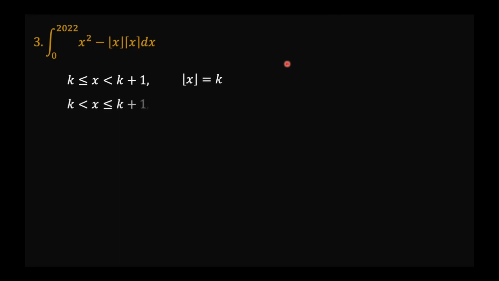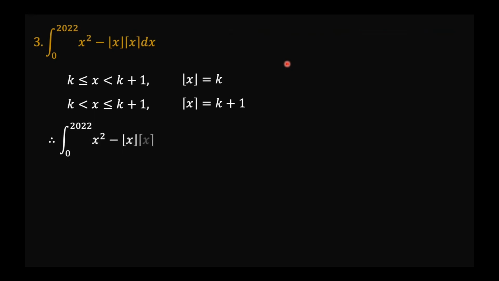And for the ceiling function, when x is within that interval, then the ceiling function of x is equal to k plus 1. So that's what that means. It's nothing very complicated. And what does that mean for integration?